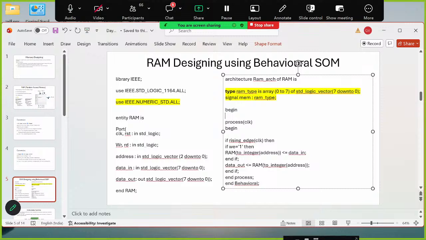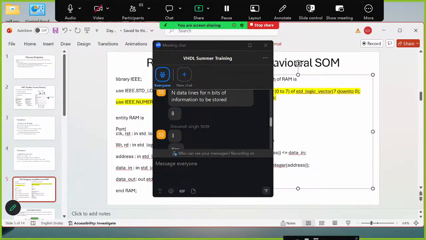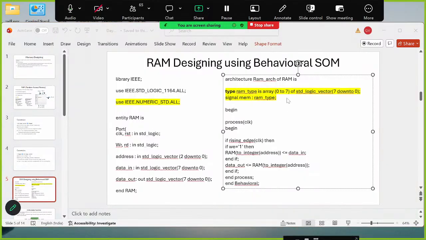It can store 8 bits of data and has 8 locations. Is it clear? Any doubt? I don't think there should be any doubt in it. I have created a simple variable, but for that there is a specific arrangement. We need to use the keyword type in it.